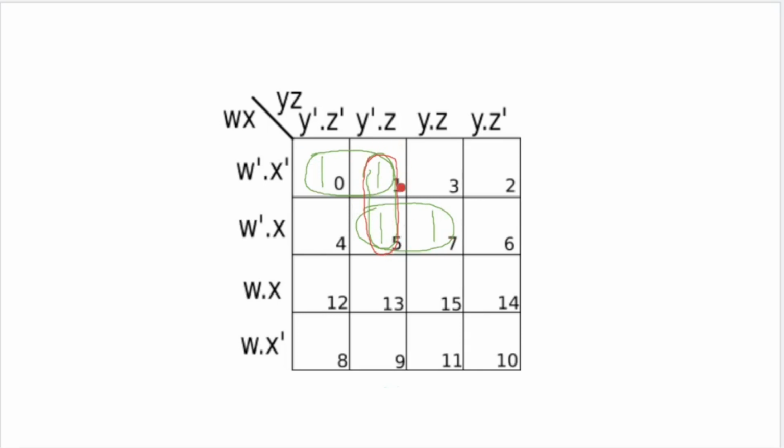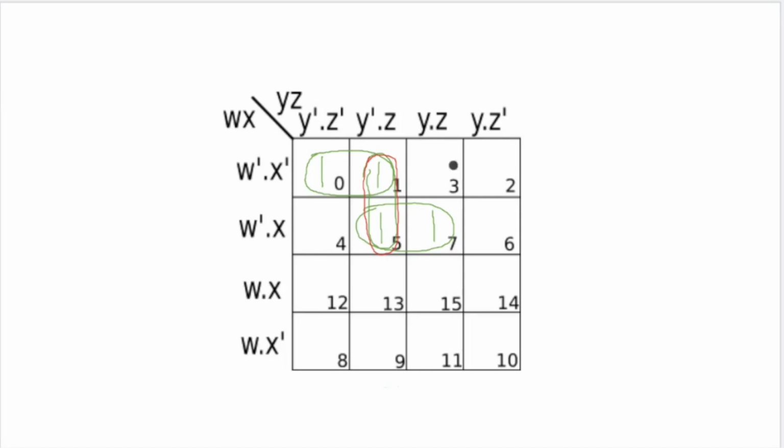Hence this group, that is 1 5, is actually a redundant group, and we'll not consider this while simplifying the expression. Why? Because this will lead to extra variables. Ideally, one must avoid marking the redundant groups, and it is a good practice to look for redundant groups once you have identified all the groups before proceeding to the simplification step.